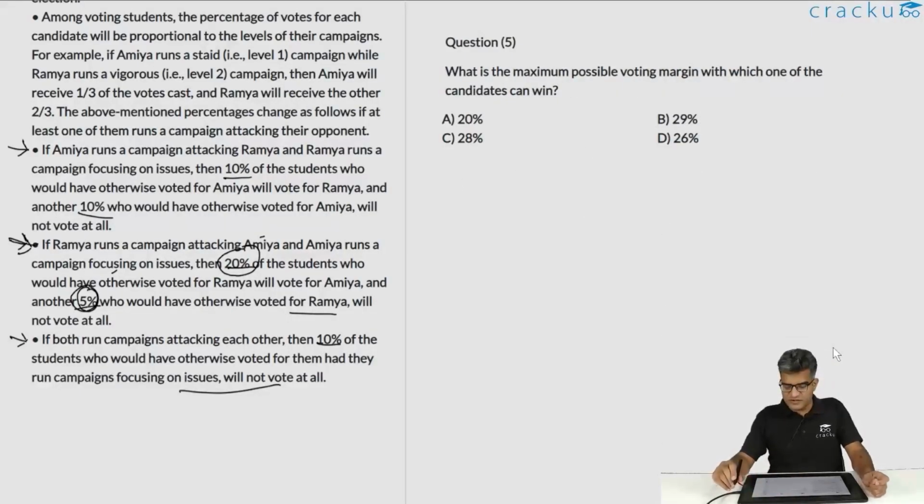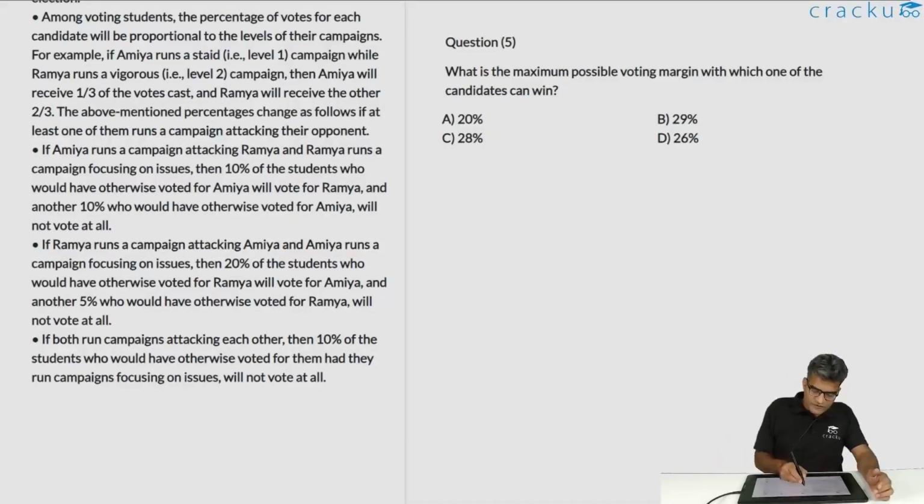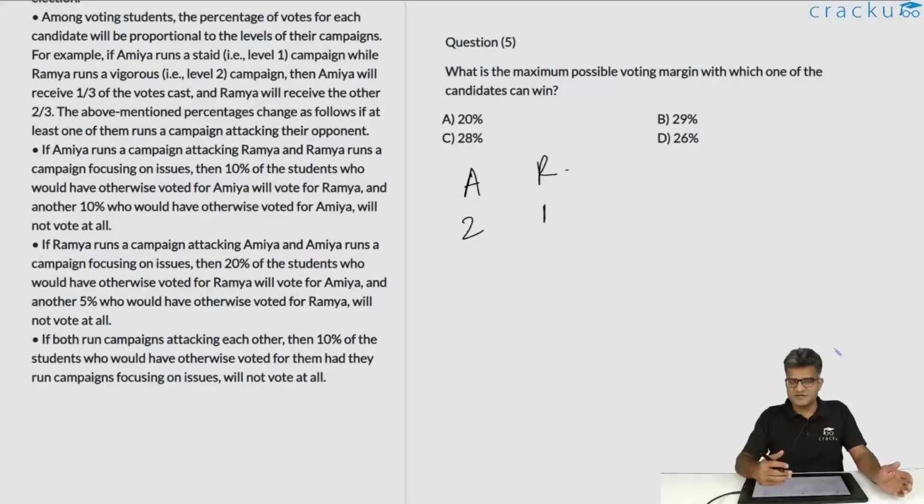What is the maximum possible voting percentage with which one candidate wins? If one candidate wins and we are trying to maximize the gap between them, we would want one person to campaign vigorously. Let that person be Amiya and let Ramya campaign steadily. One person has to campaign vigorously, other person has to campaign steadily. The reason I would want that to be Amiya is because in case of Ramya, the shift of the votes from Ramya to Amiya is higher.